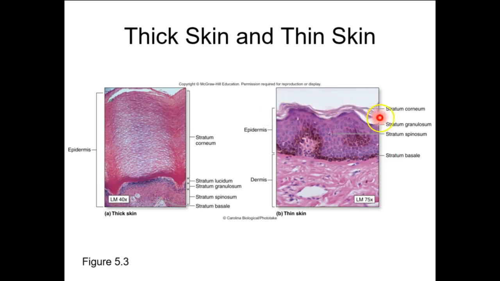And you can see just a couple of layers, like 3-5 layers of stratum corneum up here, max. And this is the basement membrane here, below that pigmented layer. Cool, right? Any questions about that?